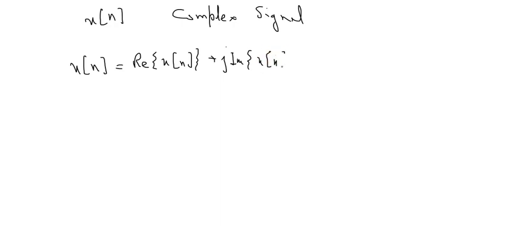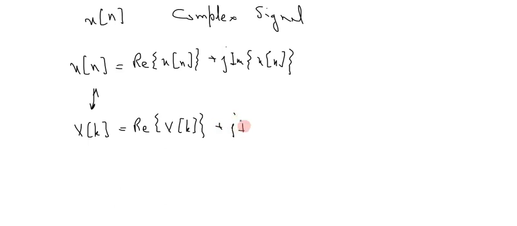In this case, you can decompose your x of n into real part of x of n plus imaginary part of x of n, and if you take its discrete Fourier transform, you will get x of k, and you can also decompose it into real part of x of k and imaginary part of x of k.